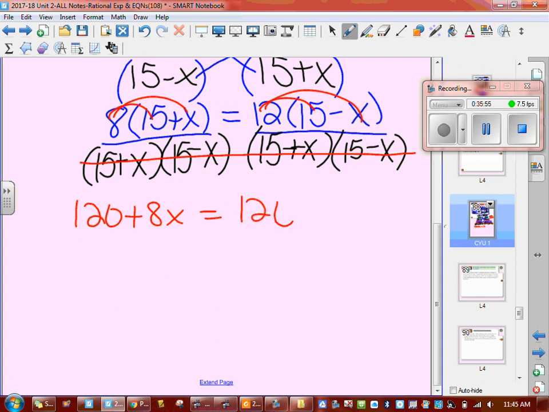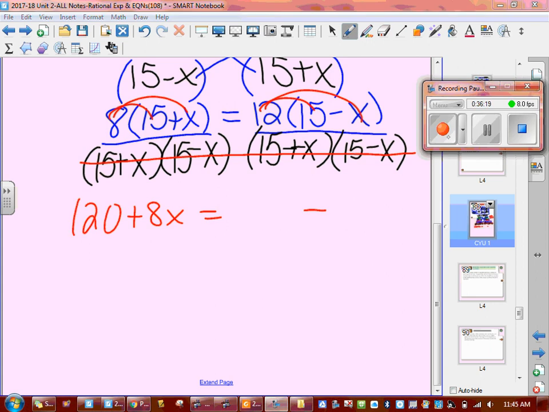Well, one of them, sorry, is wrong. One of them's 80. Which one? Okay, let's look at the right-hand side again. This is going to be 180, and it's going to be minus 12x. All right, now we've got our situation clear.